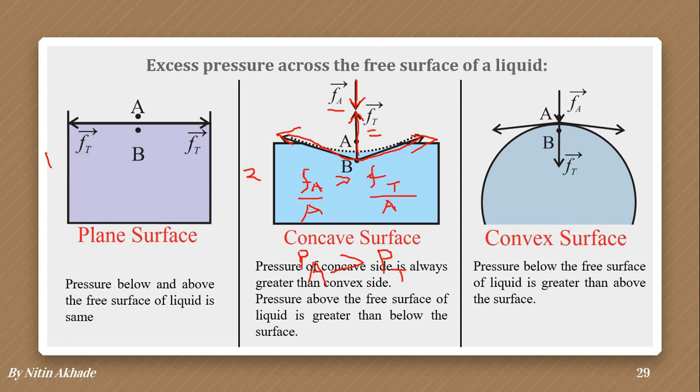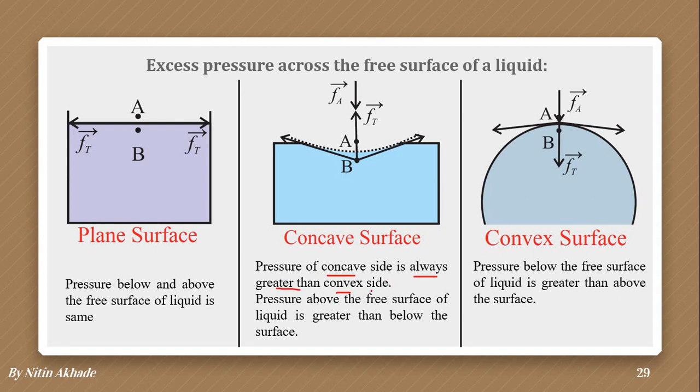So the pressure on the concave side is always greater than on the convex side. The pressure above the free surface of the liquid is greater than below the surface.